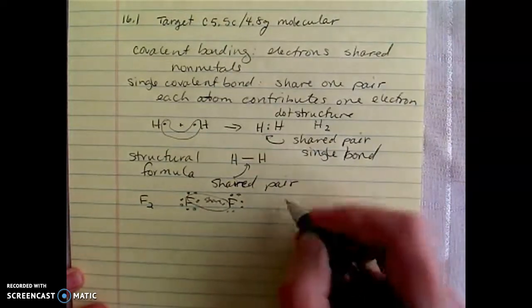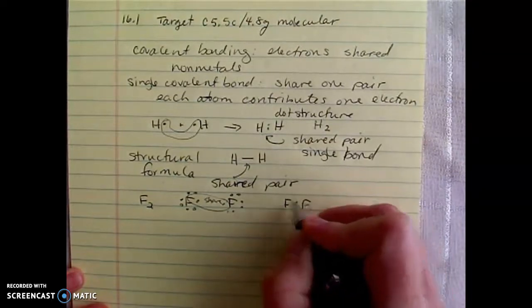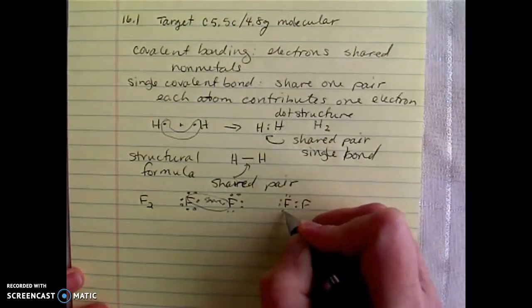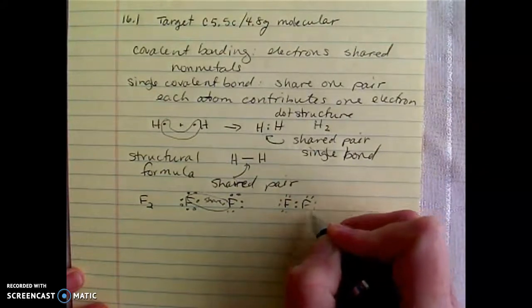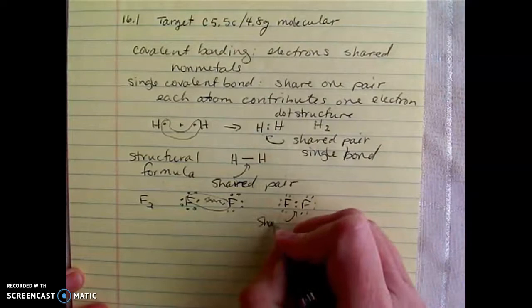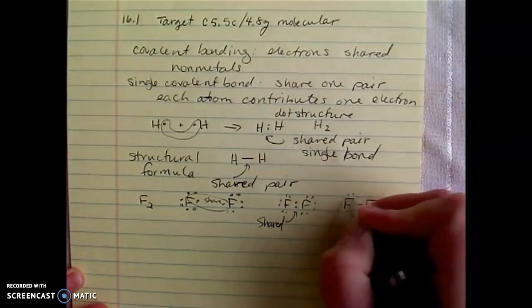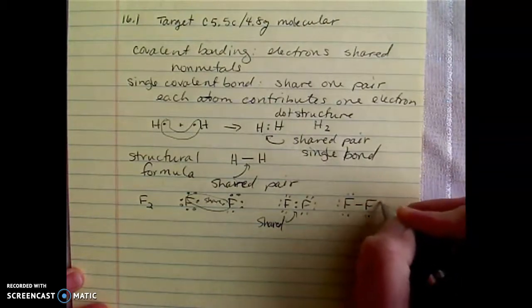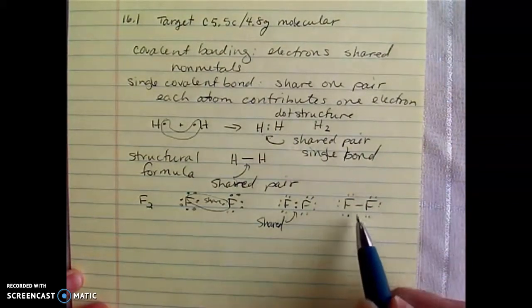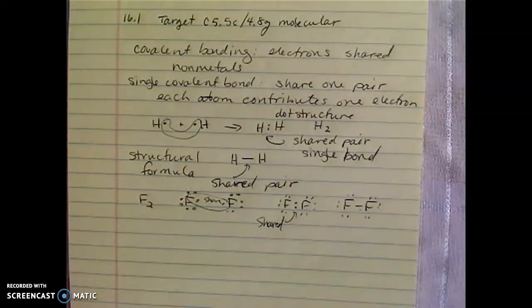And so when we write the dot structure, there's your shared pair, and then you continue to fill the rest of the dots in. Okay, so again, shared pair, and if you write it as structural, you're still going to have your lone pair of electrons there. The structural only replaces the shared pair with a line.